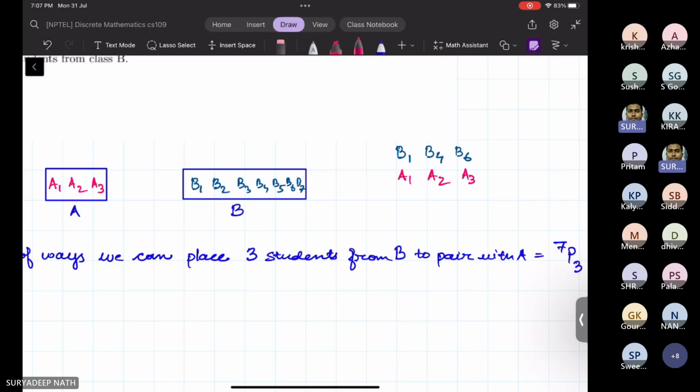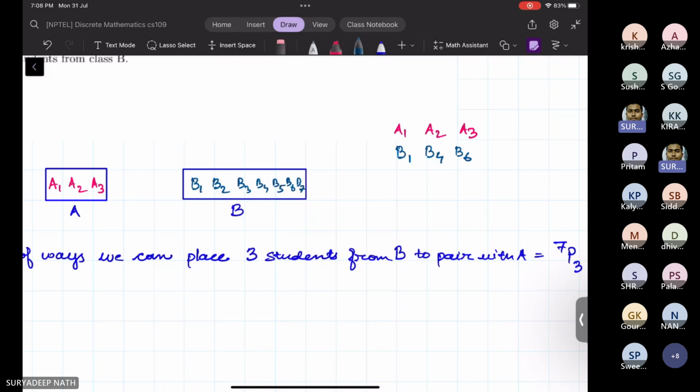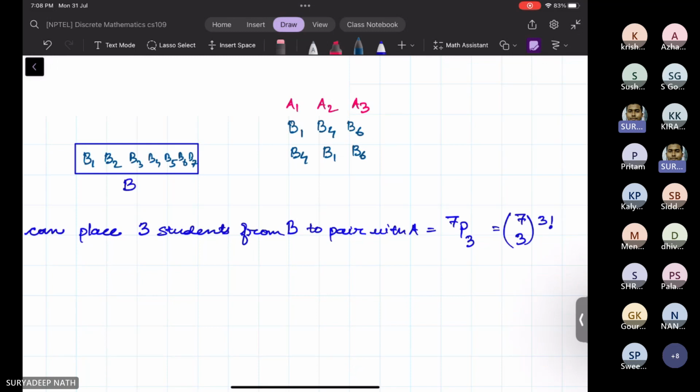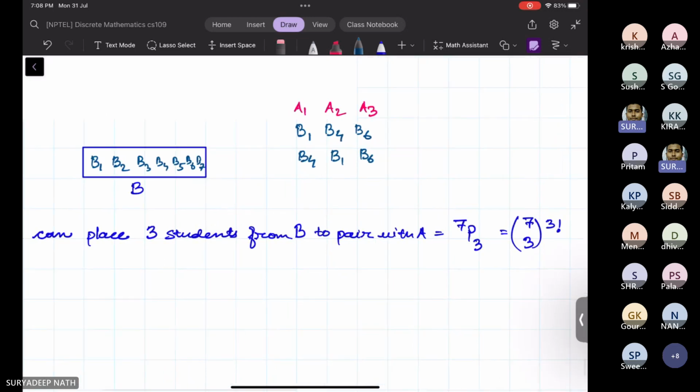Another possible order could be B4, B1, and B6. This is another pairing. Hence, we are choosing the permutation and not the combination, because the order also matters.